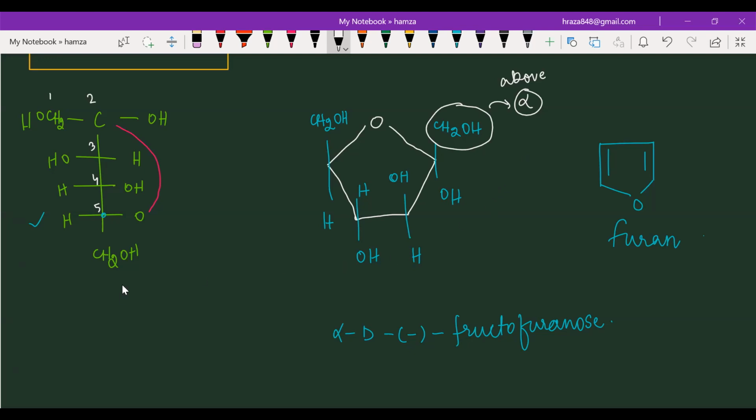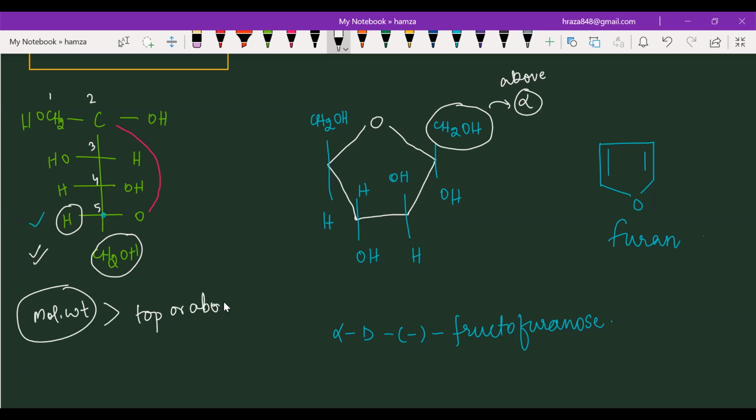Okay, this is the concept behind this. I'm going to write CH2OH and H. When it comes to this, we will go for molecular weight. Whatever has greater molecular weight will be on top or above. Are you getting my point? If H is here, it doesn't mean you are going to write it above or top.